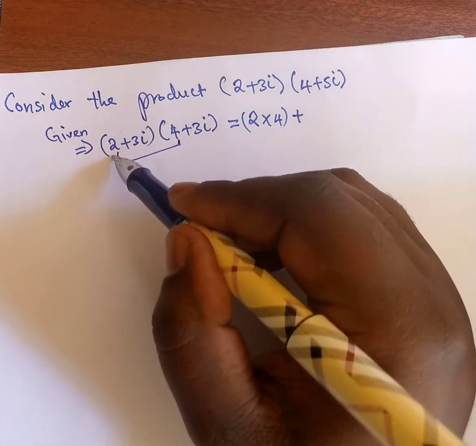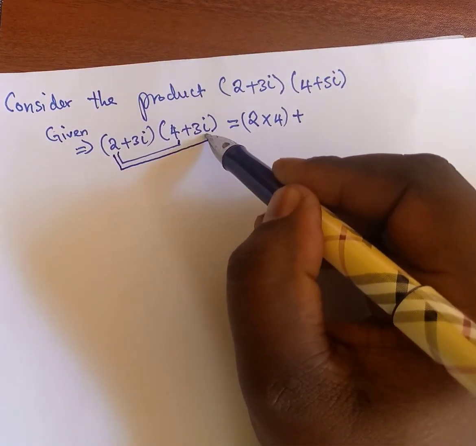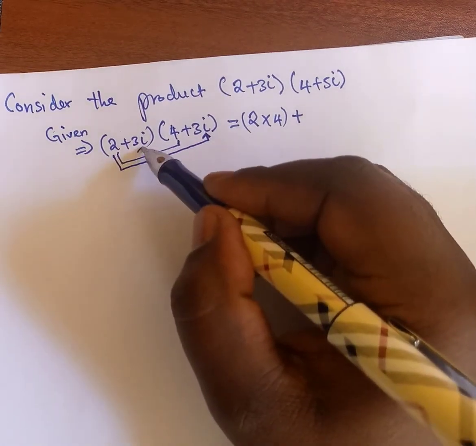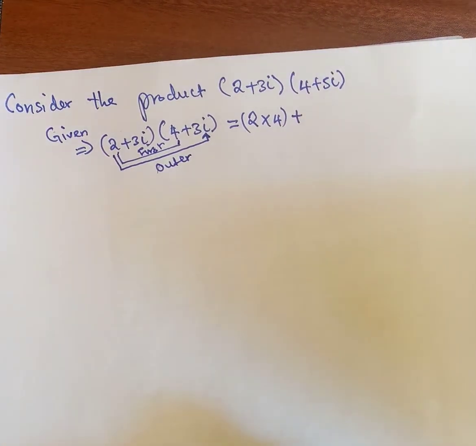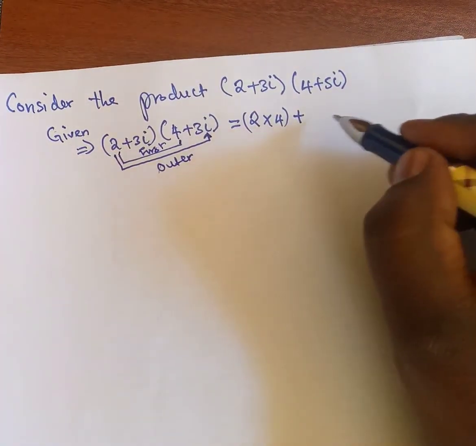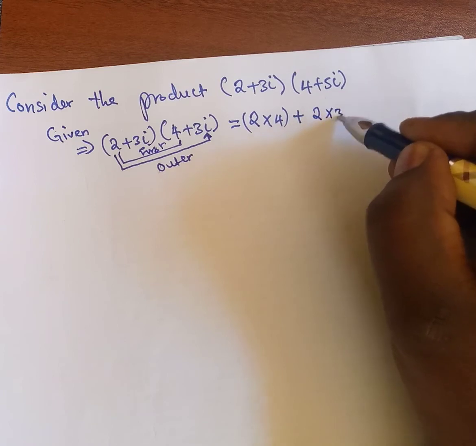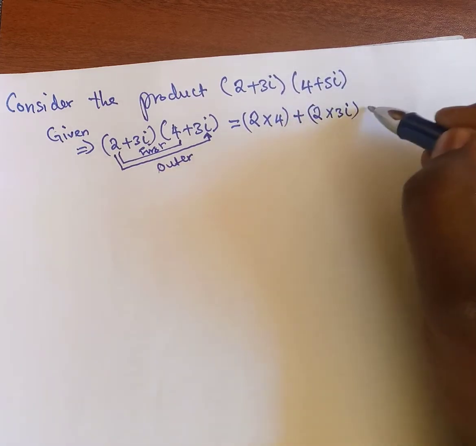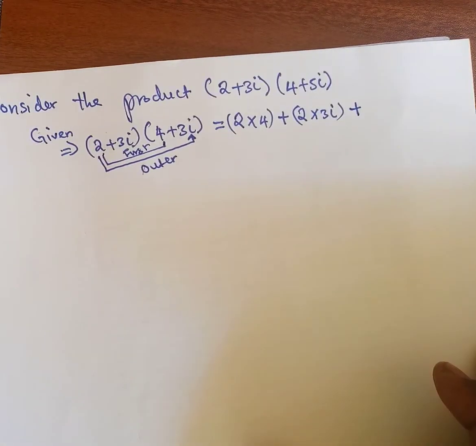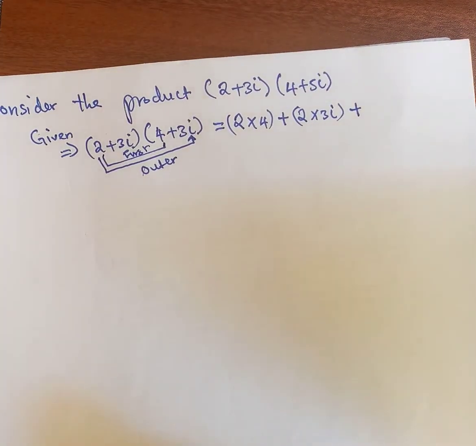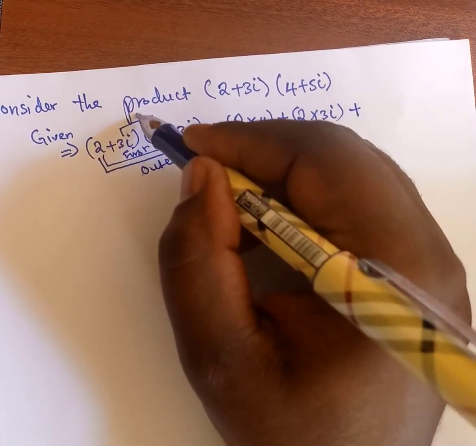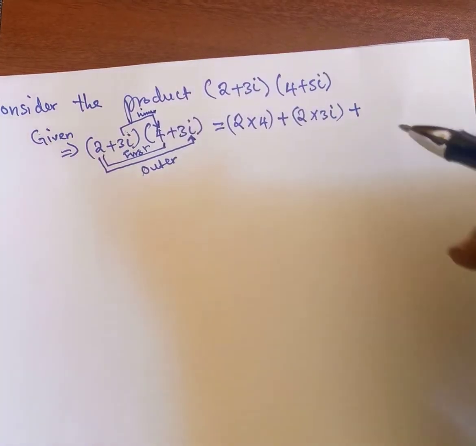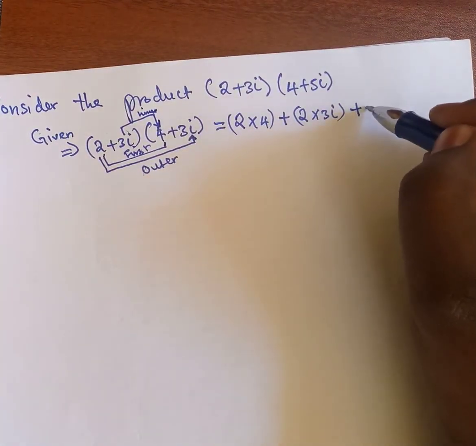This is first, this is outer. The outer will be between 2 and 3i, so you'll have 2 times 3i. Plus, as we continue, the third is inner. Inner are those numbers that are close to each other, and therefore inner will be 3i times 4.